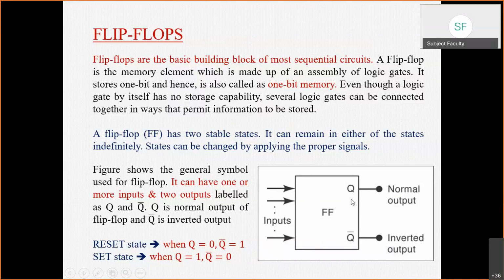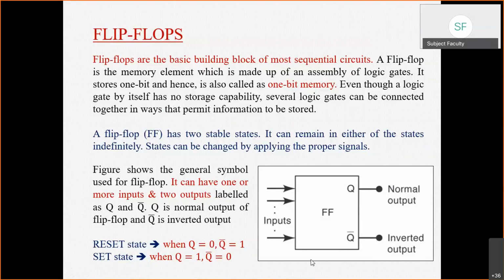Now these two outputs are denoted as Q and Q bar, where Q is treated as normal output, and Q bar is the inverted output. That means Q and Q bar will be always complementary to each other.